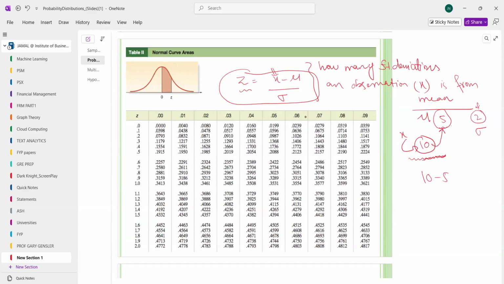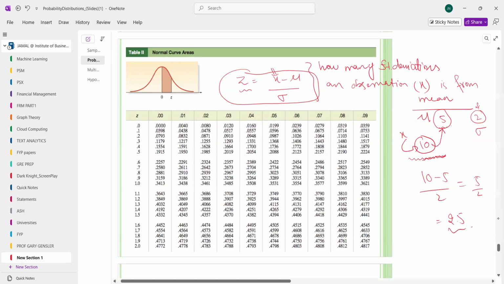So 10 minus 5 upon 2, so it's 2.5 standard deviations away from my mean. This is what it represents. So the return on the 29th day is 2.5 standard deviations away from the mean, right? So this is the z-score.